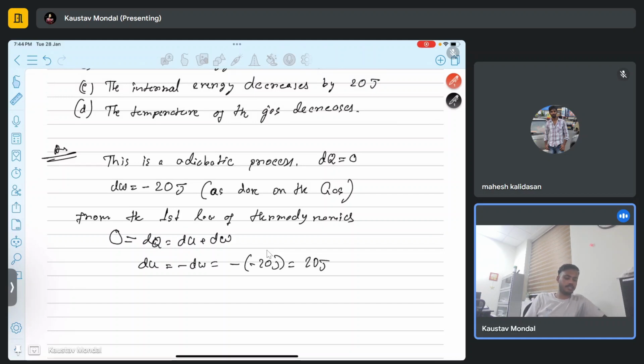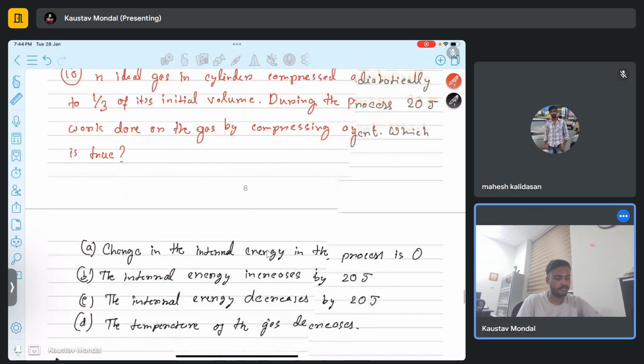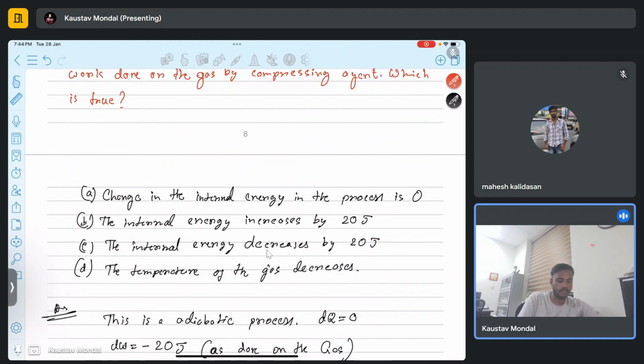So the change in internal energy is positive, that means the internal energy increases, right? Now check the options. So option B will be the correct answer: the internal energy increases by 20 joule. Okay, so that's it.